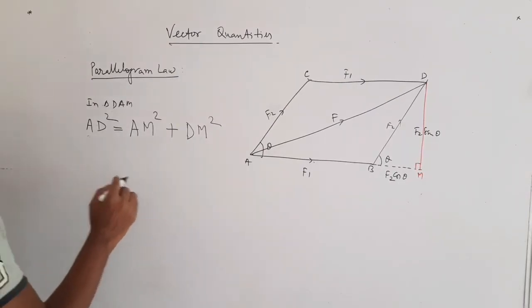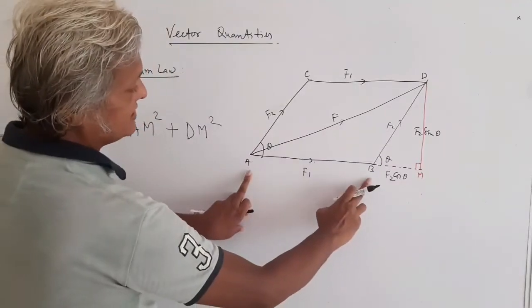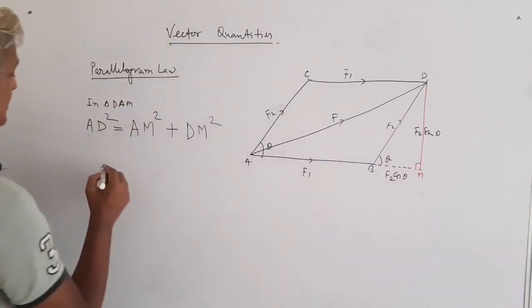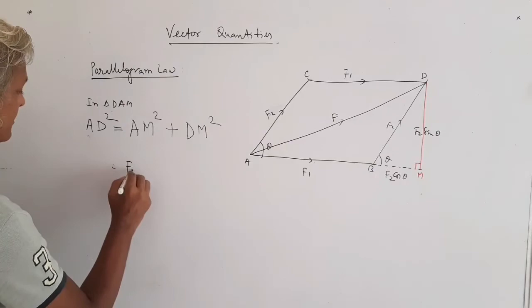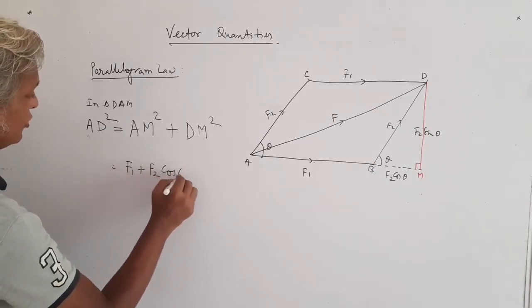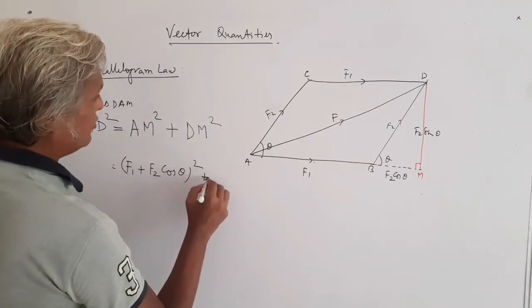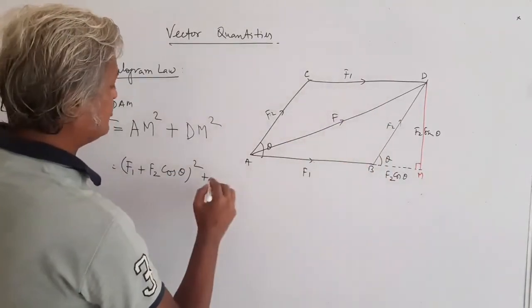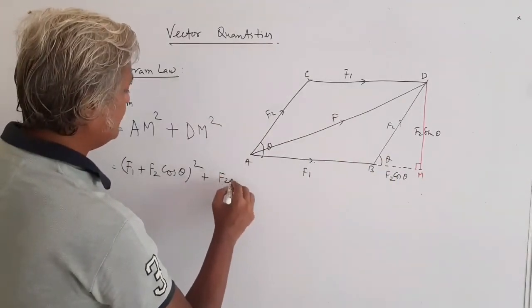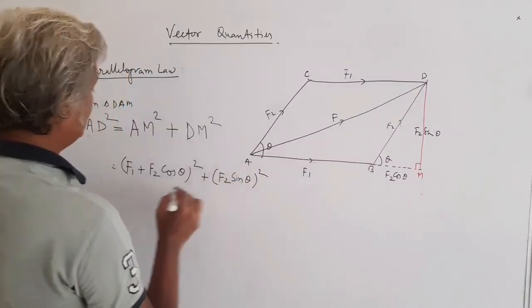Now what is AM? That is F1, because from here to here this is F1, and then F2 cos theta. So it is F1 plus F2 cos theta, whole square, plus what is DM? That is F2 sin theta, F2 sin theta whole square.